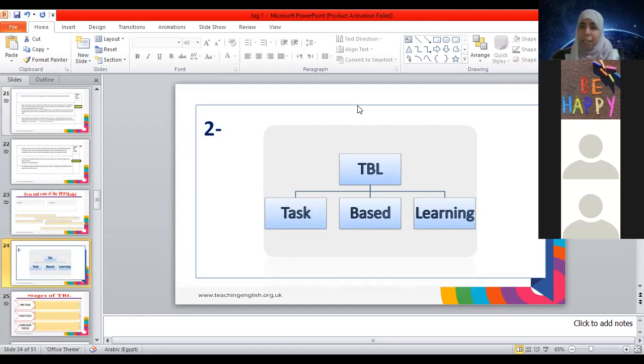For example, I ask them to plan a journey, plan a summer holiday, write a leaflet. Remember, Raghda, an activity that we did before with our students, I asked them to write a leaflet about a place.